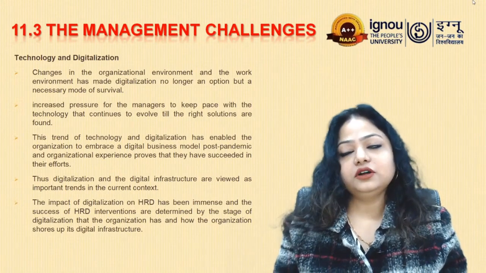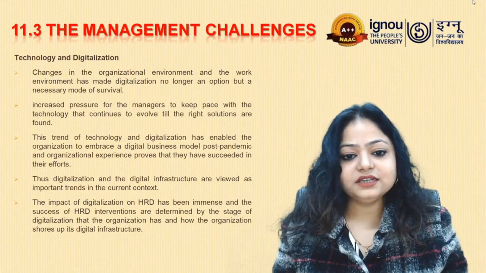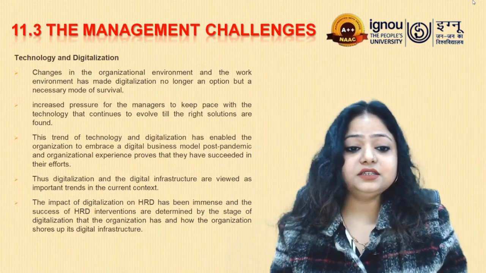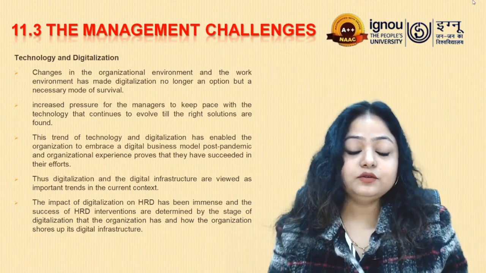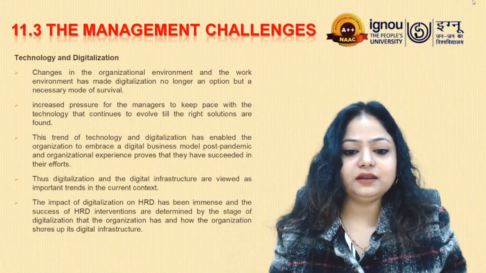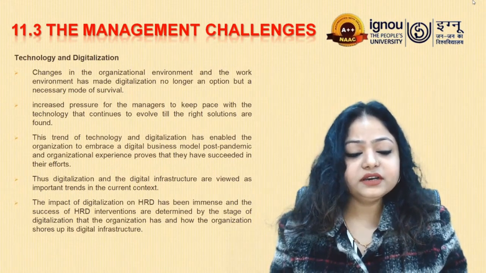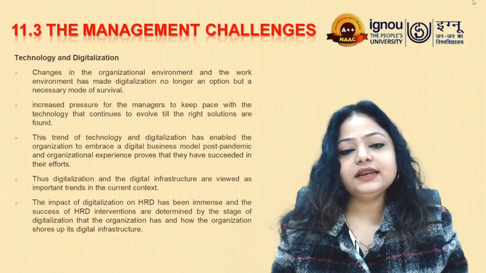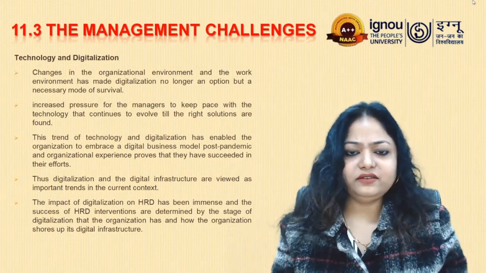The trend of technology and digitalization has enabled the organization to embrace a digital business mode. Now, this has been observed post pandemic as well, and organizational experiences prove that they have succeeded in their efforts to a maximum level.